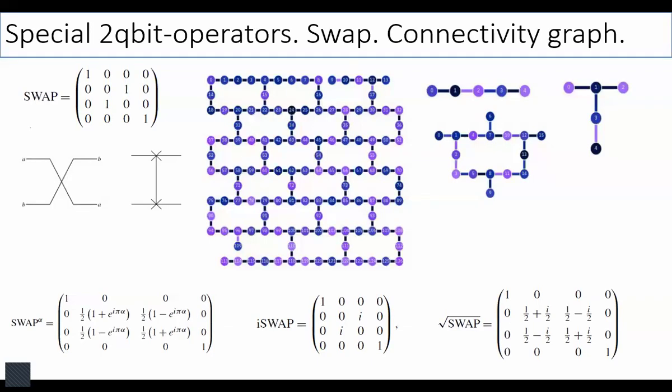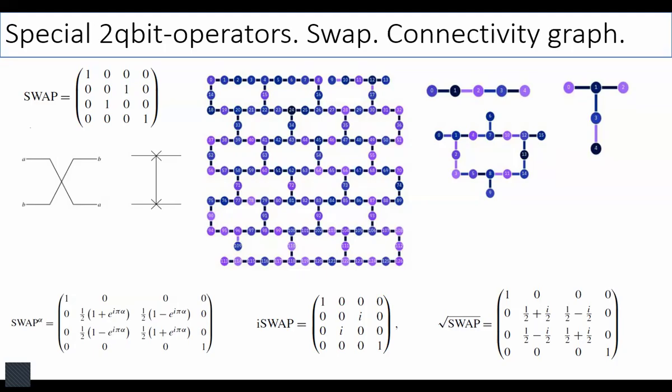But if you do this for time t, you can also do it for time t half. In that case, you will get, for example, the square root of swap. So as soon as you physically implement swap, you can implement the square root of swap as well. This is what a physical device can do.